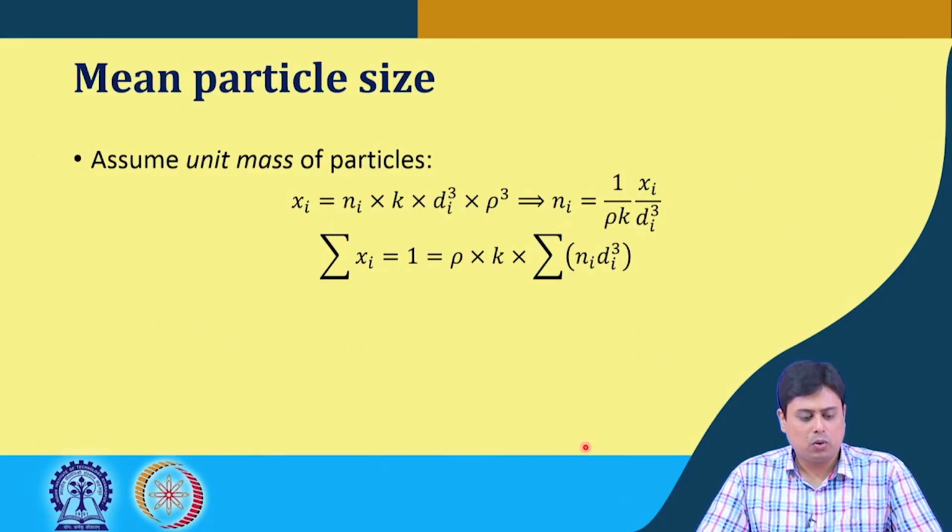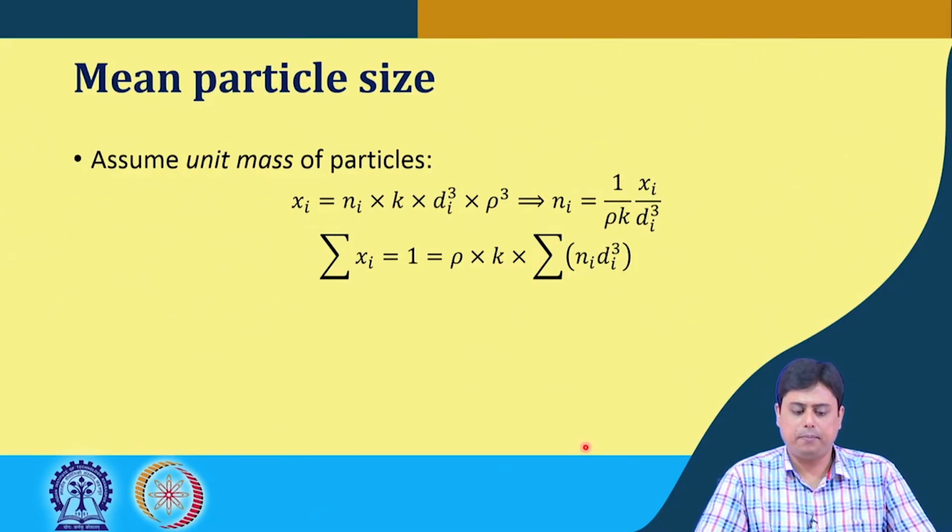So, let us assume you have a unit mass of particles where xi is the mass fraction of the ith component of the size. Let us say you have a size 1 particle that has a mass fraction of x1. Okay.